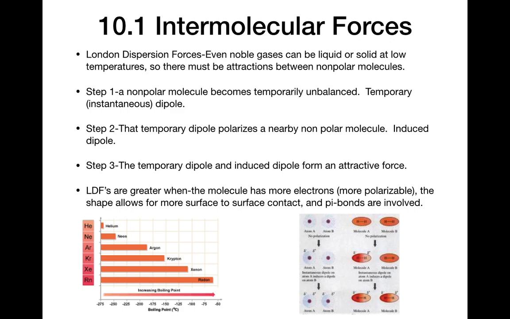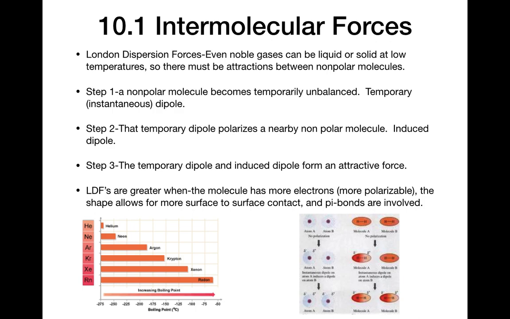Also, shape plays into this. If you just look at the shape of the molecules and see whether they match up as far as being able to have a lot of surface-to-surface contact, if that's true, you can expect your London dispersion forces to be greater. They can only attract if they are close. So what is their ability to get side by side and line up with each other in some kind of orientation that gives them a lot of surface-to-surface contact?